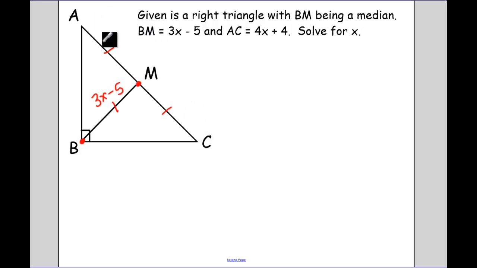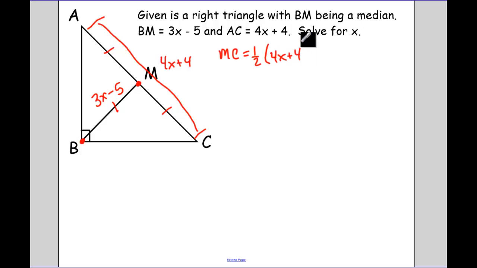AC, the whole thing, is 4x plus 4. So that means that MC is equal to half of that, which is 2x plus 2.